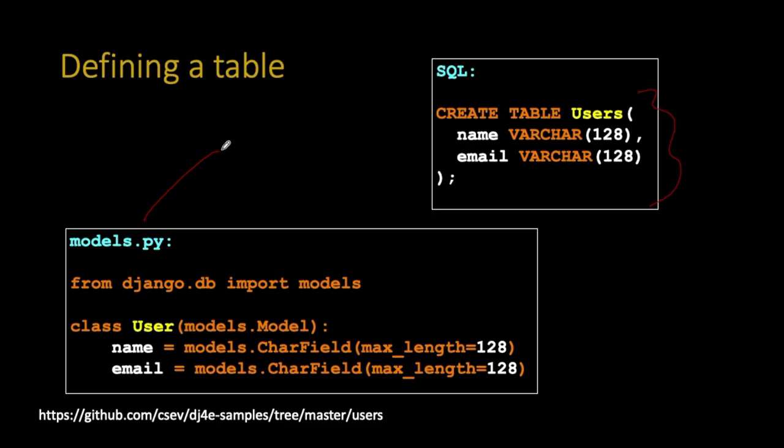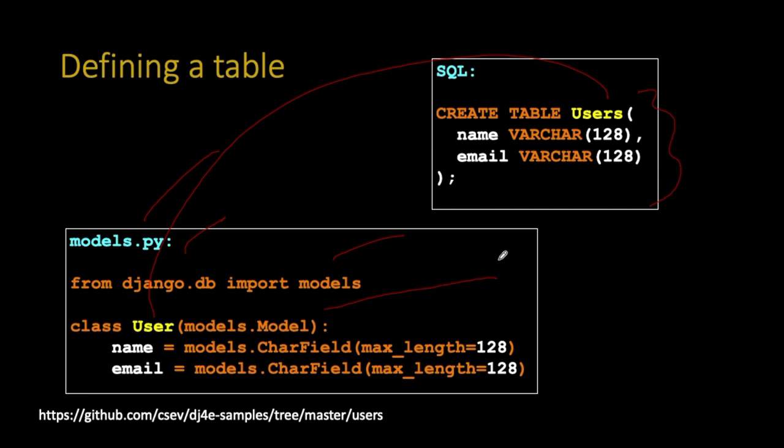So from django.db, that's a package, we're going to import models. And models is now a class. And we're going to create a class called User. This is going to be equivalent to the name of the table. And in the definition, we're going to extend models.Model. This is called extending, or inheritance. We're going to get a lot of features and functionality.